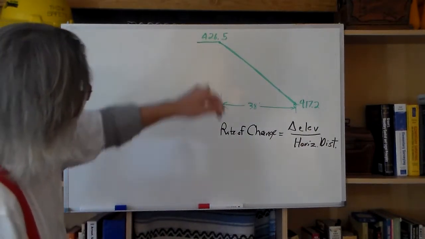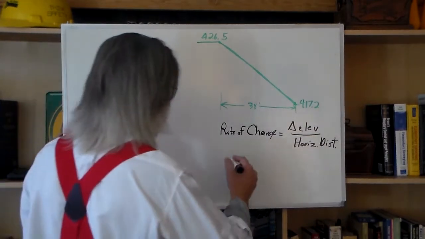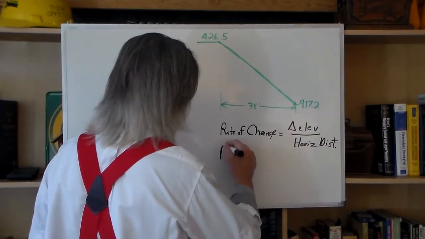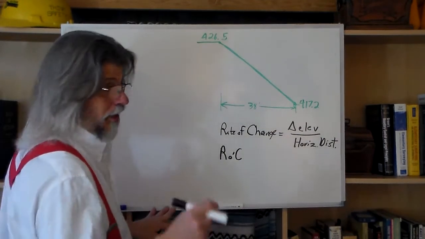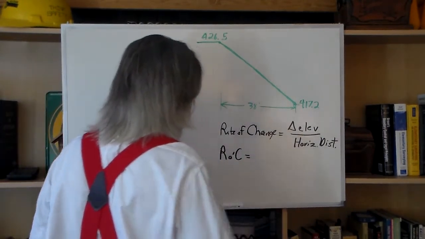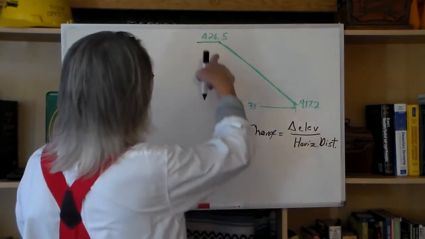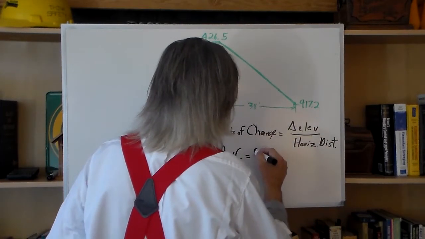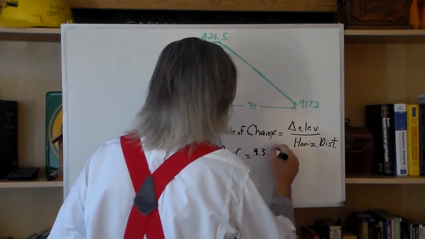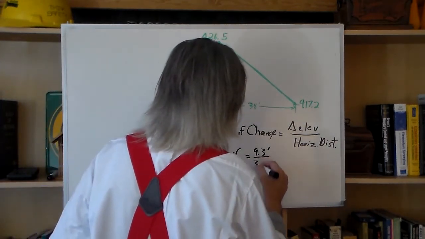So in this case, our change of elevation was 9.3 feet. I'm going to abbreviate the rate of change as the ROC, O with the little apostrophe on it there, just for fun. Our delta elevation between 426.5 and 417.2 is 9.3 feet. And our horizontal distance between the two points is 38 feet.